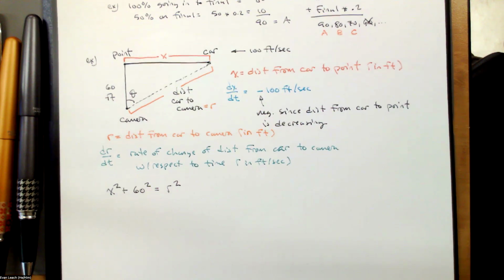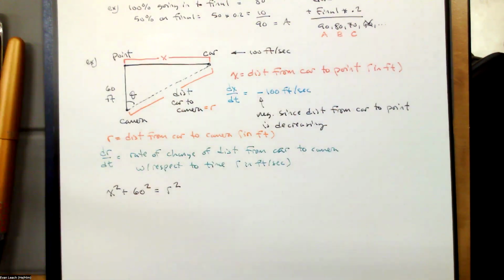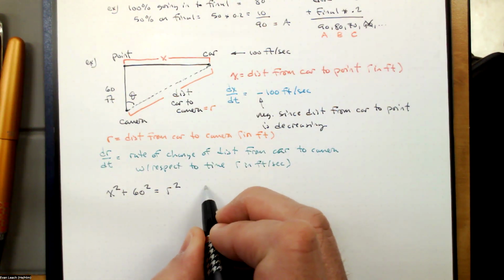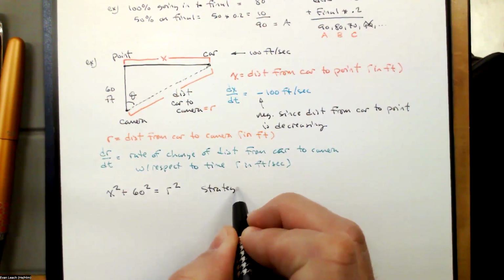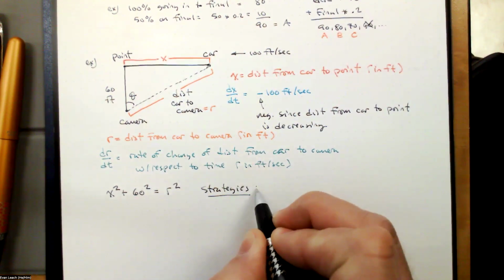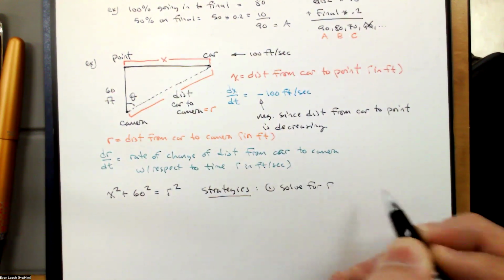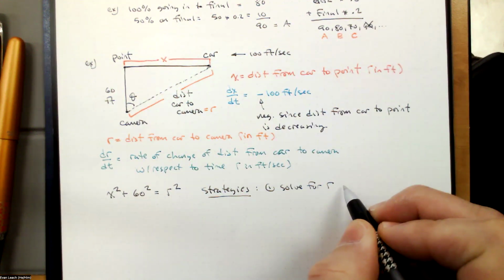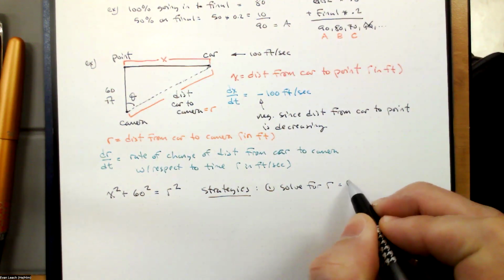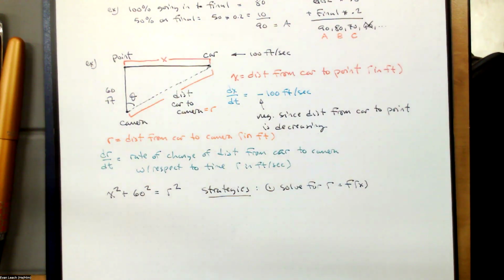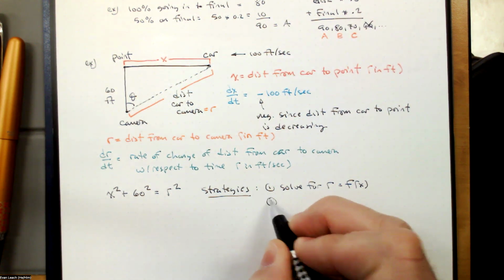If I use that strategy, the thing that we want to notice is that we'll get a function of x, which is not what we're looking for. We're not looking for dr dx, we're looking for dr dt. So we would have to use the chain rule. Our other strategy is to use implicit differentiation.